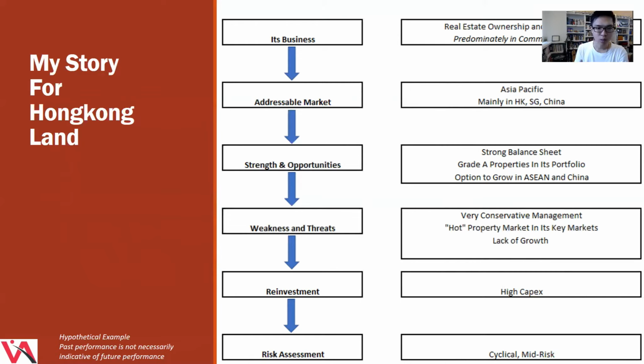I'm trying to understand what the business is really about, how big is its addressable market, like where can it expand to, or which market it is already in. We want to look at what we call a SWOT analysis of the company, basically looking at its strength, opportunity, weakness, and threat surrounding the company.